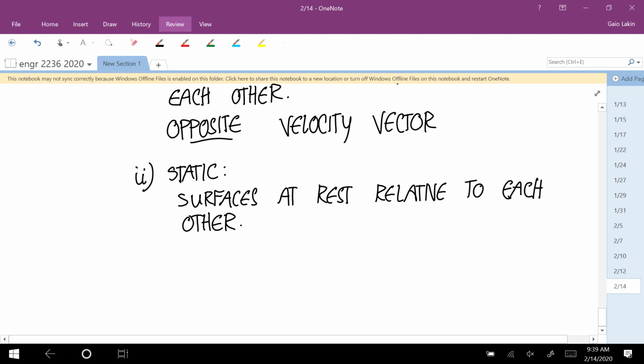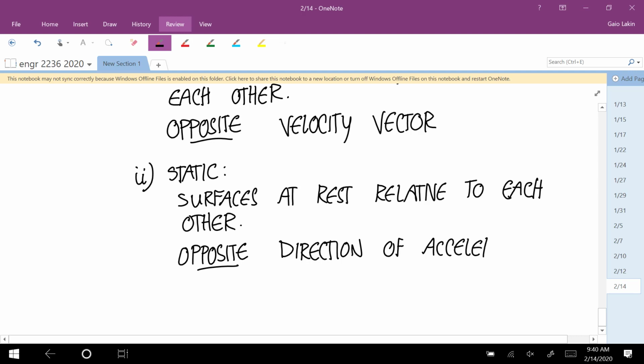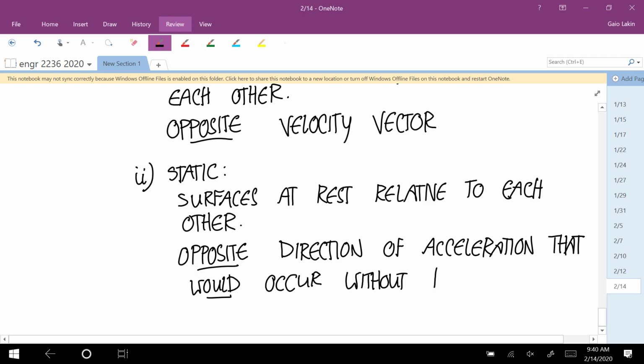And static friction is opposite the direction of acceleration that would occur without friction. Okay.